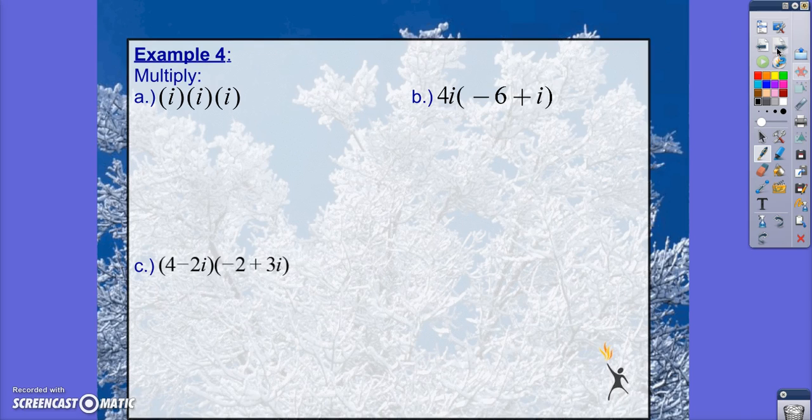Now for the next part here, let's take a look. We also have to remember that negative 1 equals i squared. Remember back from the beginning of the lesson. If you take the square root of a negative number, you get just an i, but i squared equals negative 1. So let's combine two of the i's.